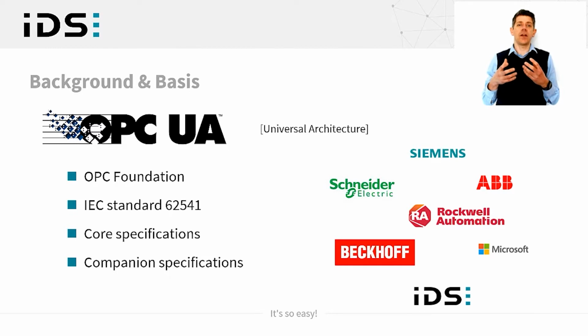It contains things like data access, security models, alarms and conditions, and the publish-subscribe model, the so-called pub-sub model. And then in addition to the core specifications, there are companion specifications, which are information models developed by specific industry groups and includes things like injection molding, CNC machines, robots, RFID, and of course, machine vision.